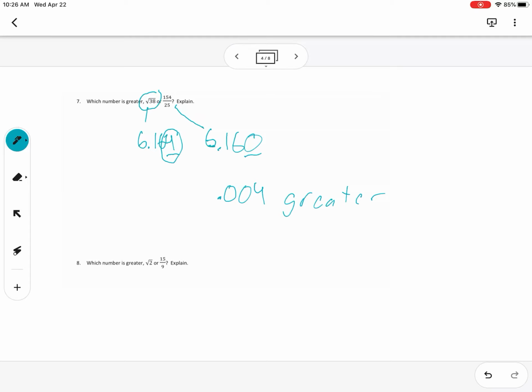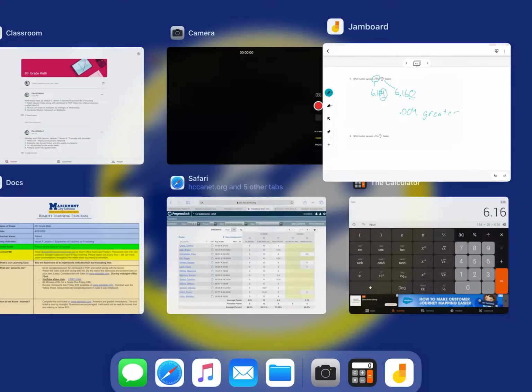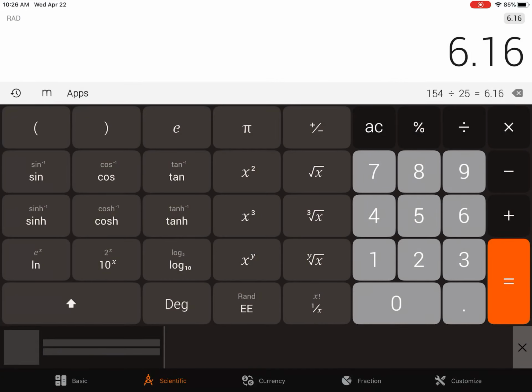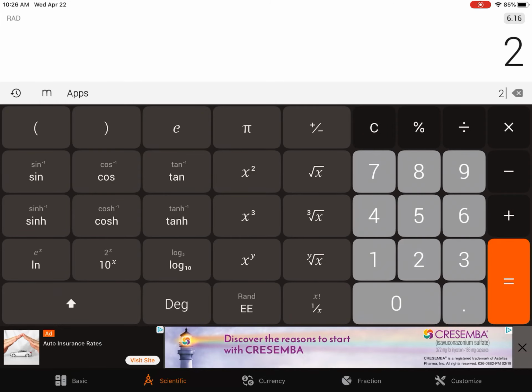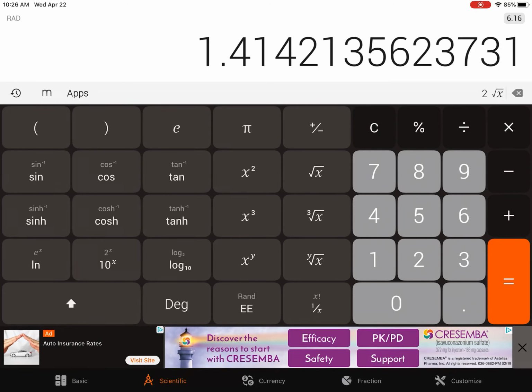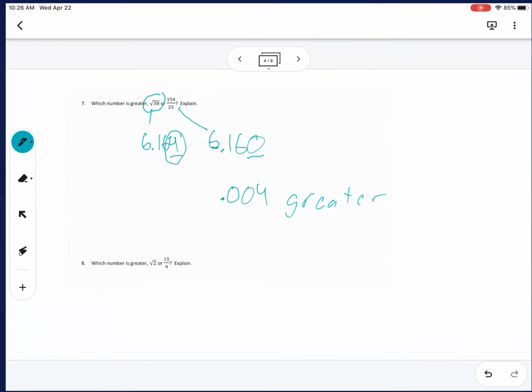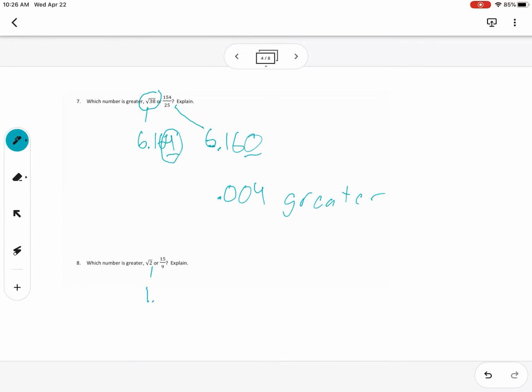It's just barely bigger. All right, which number is greater, the square root of 2 or 15 divided by 9? So clear that out. Let's do the square root of 2, which is 1.414.